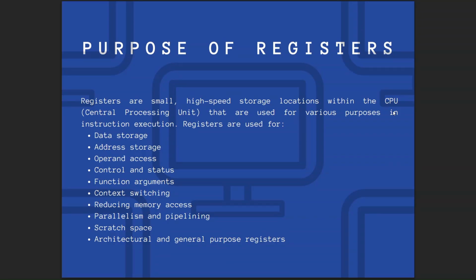Registers provide temporary storage for intermediate results during complex calculations. Tenth, architectural and general purpose registers. These are the registers defined in the ISA that programmers and compilers can use directly. So in summary, registers are the fastest memory in the system and are essential for achieving high performance.